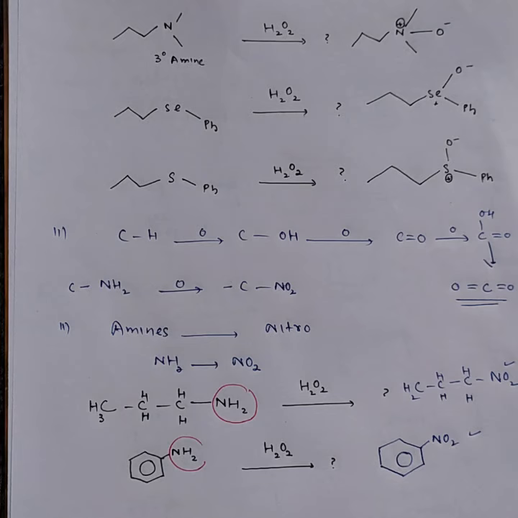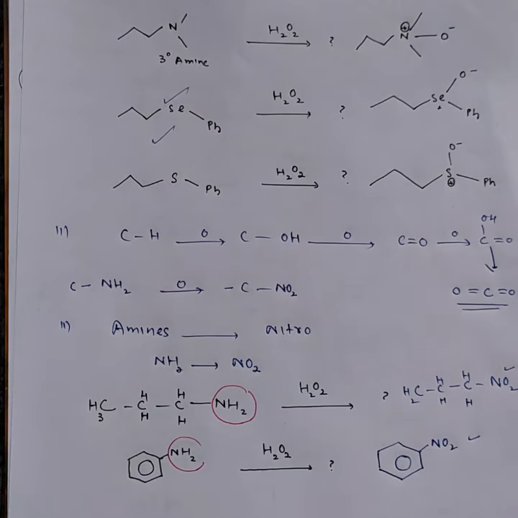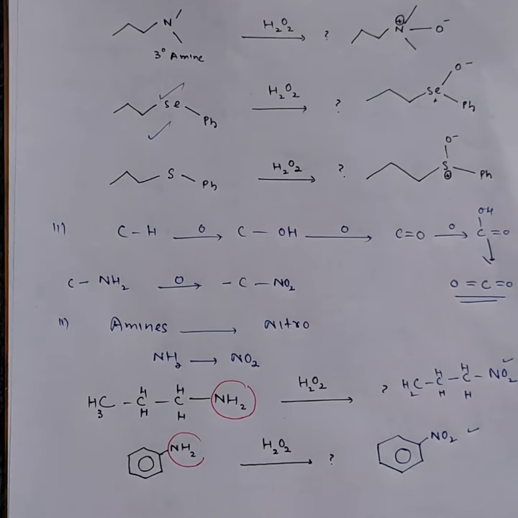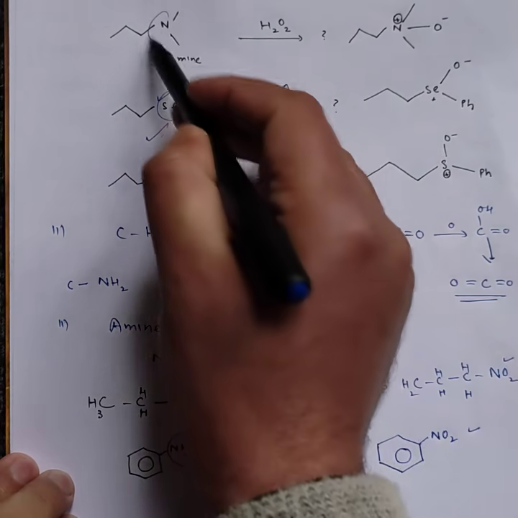That's it. So these are only the two important concepts as far as the peroxide is concerned, that when it acts as an oxidizing agent, it oxidizes the organic substrates or inorganic substrates, for example the selenium and sulfur compounds. So it oxidizes them to the next level of oxygen. Now there's one question: how does this peroxide basically convert these selenium, sulfur and amines to oxides?